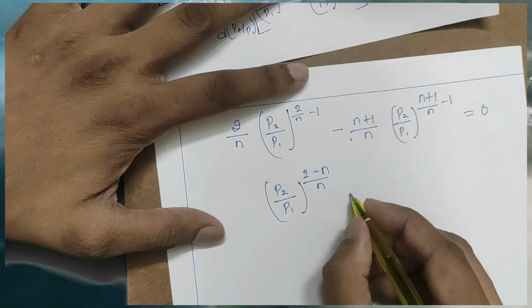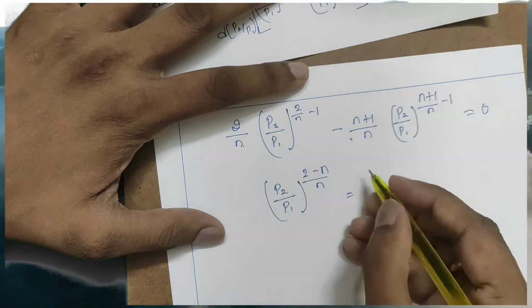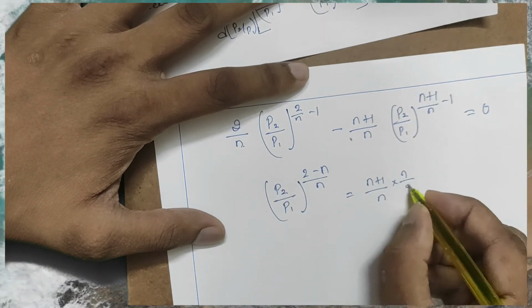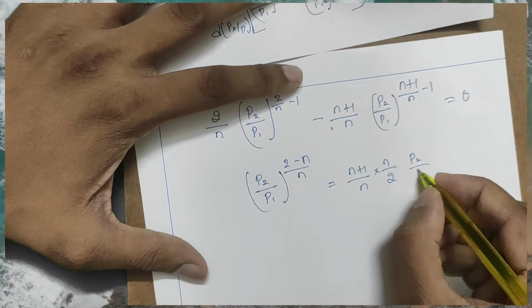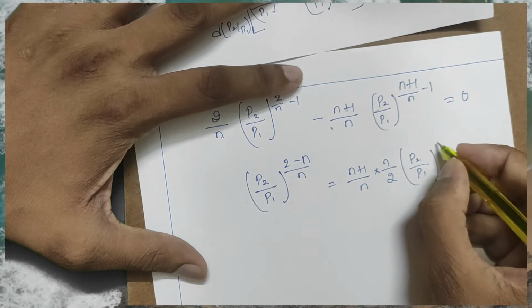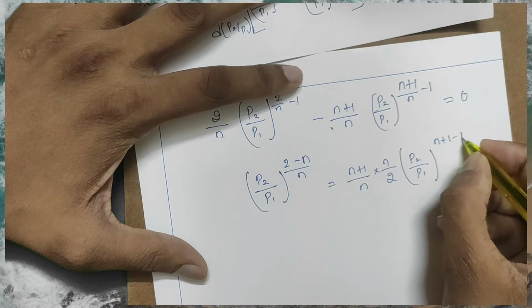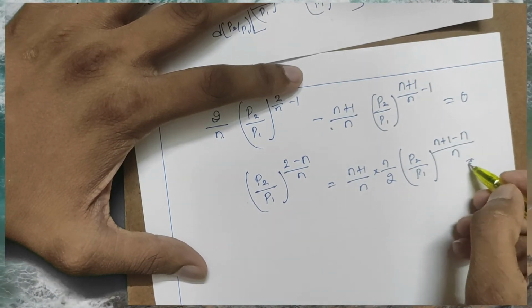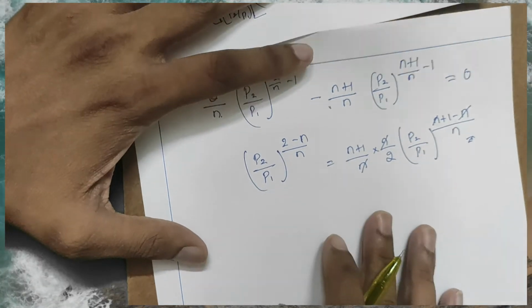Okay, so if we go to that term, see, 2 by n here, (n plus 1) by n into n by 2. This 2 by n will come to this side. So then P2 by P1 power (n plus 1 minus n) divided by n. Now this gets cancelled and this n gets cancelled.